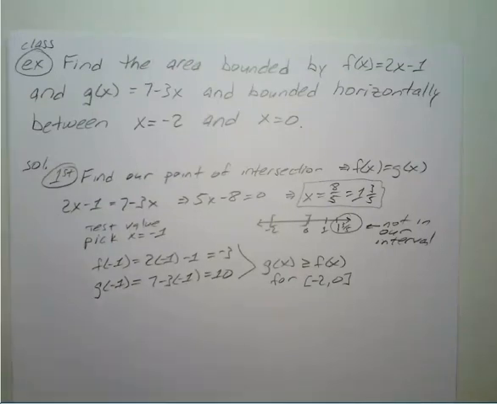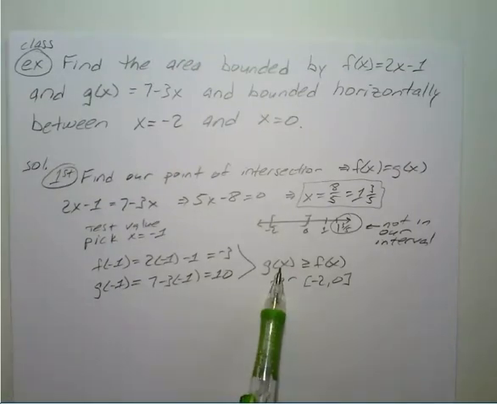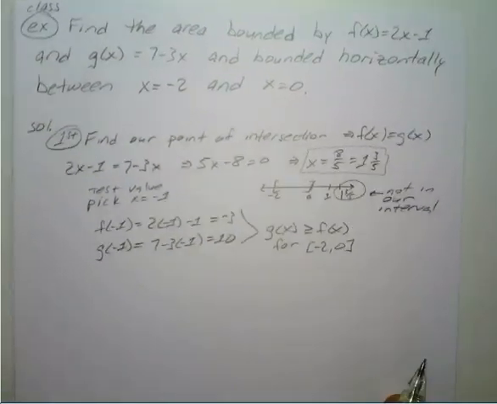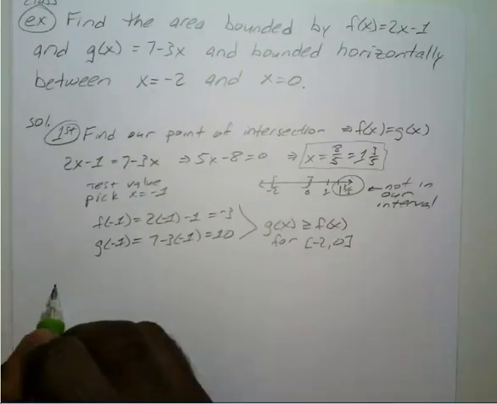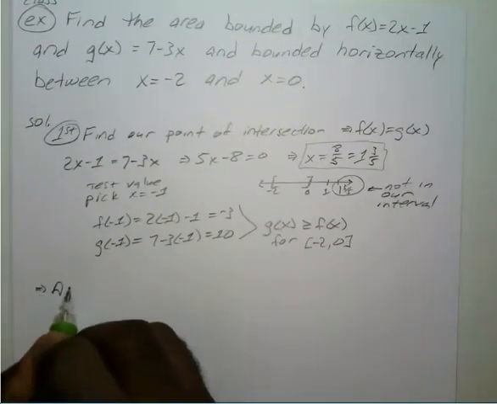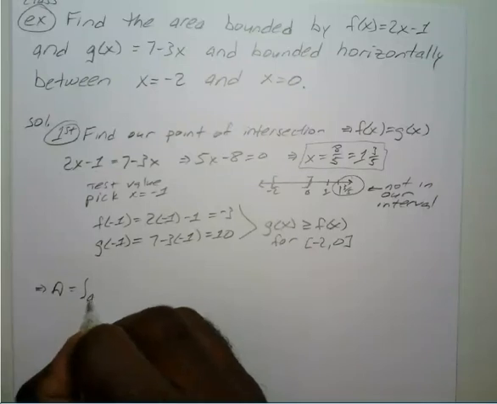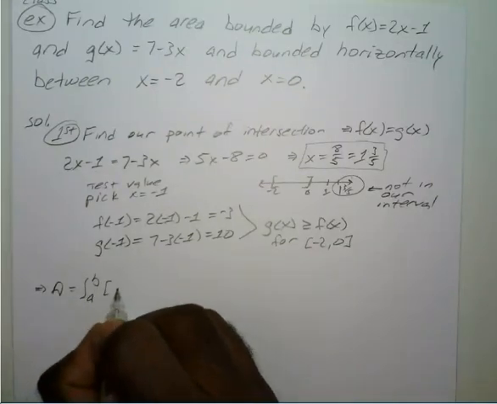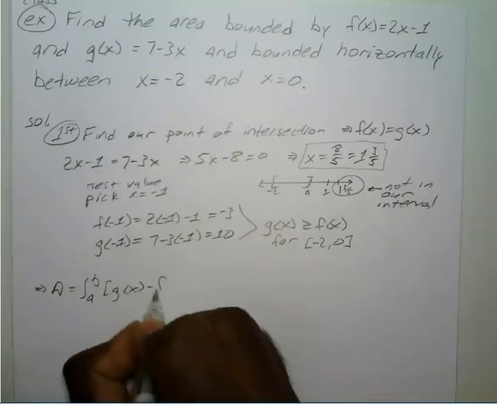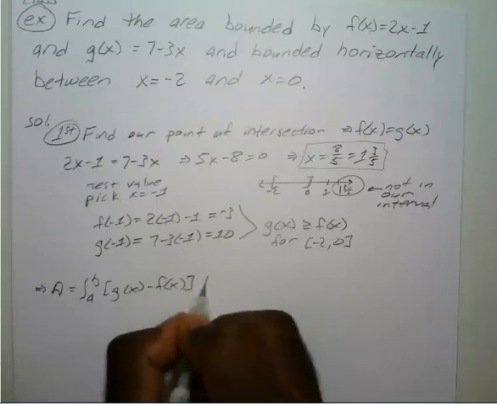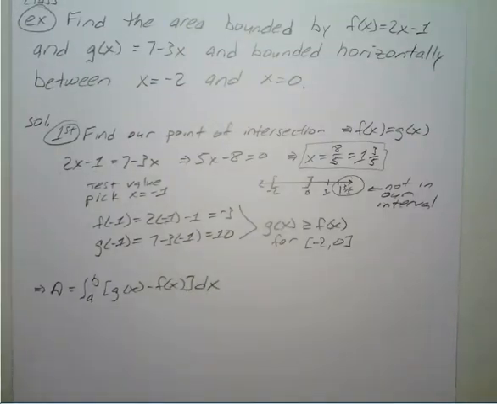Okay, so what does that tell us? Well, that tells us g of x goes first. So our area is going to equal the integral from a to b of g of x minus f of x with respect to x.